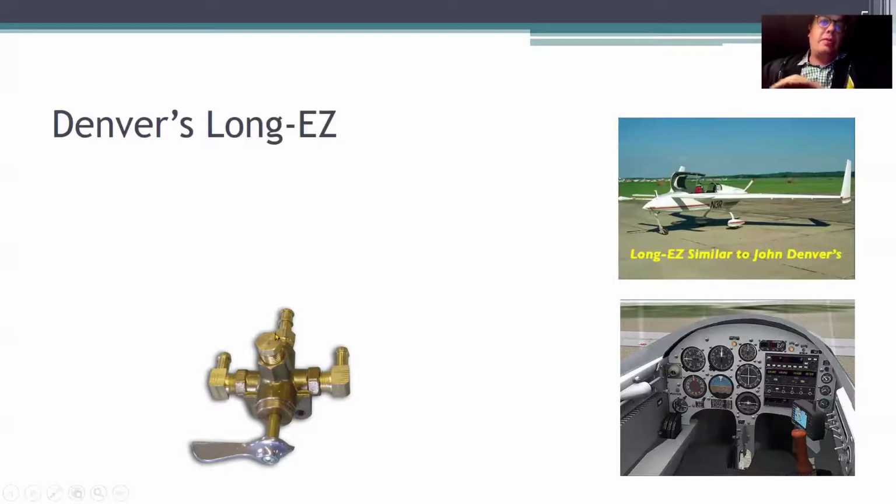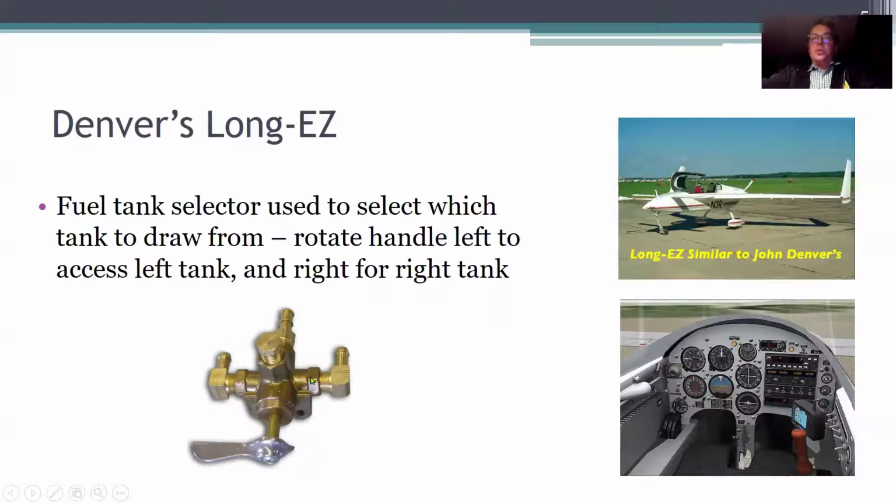So this valve right here was used to select which tank to draw from, very commonly while you're flying this aircraft, switching from one to the other. And having that fuel level indicator is obviously important for deciding which tank to go with.